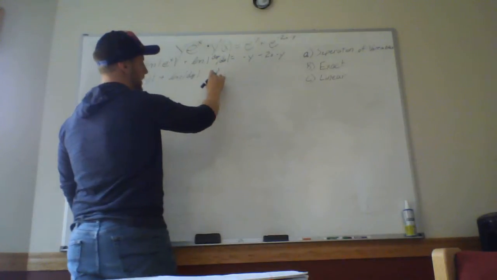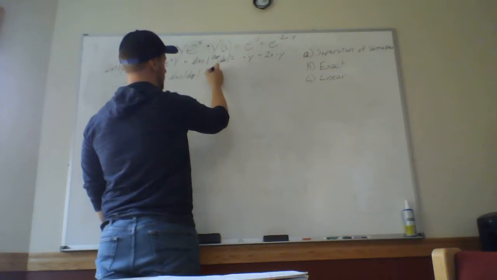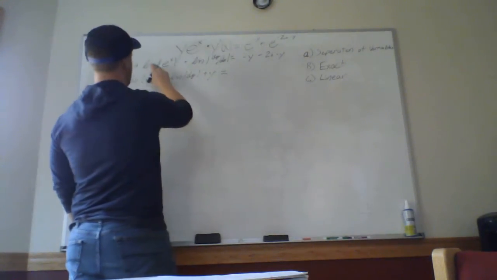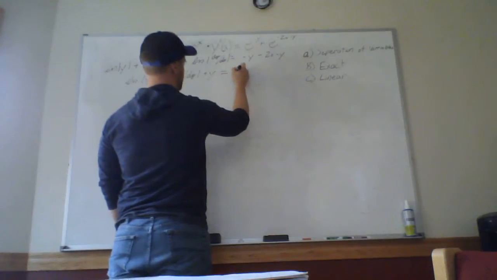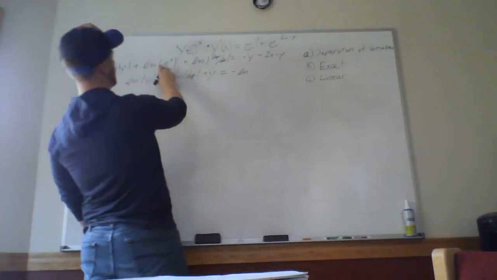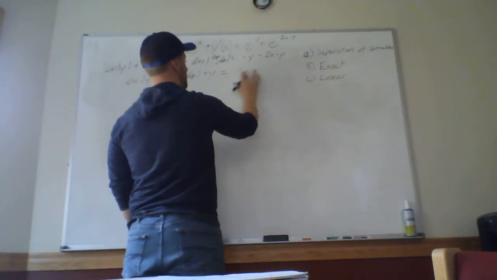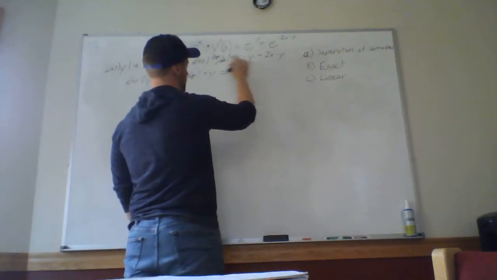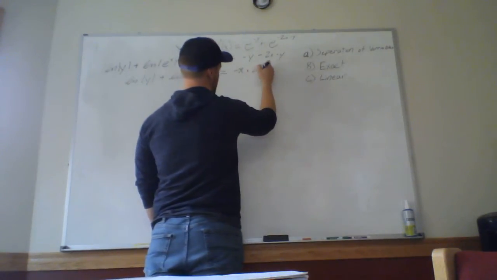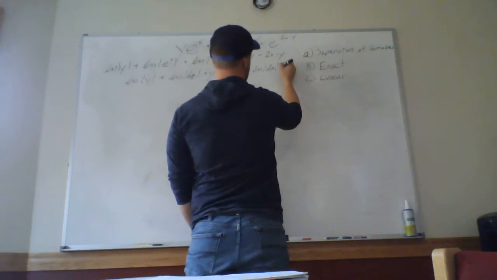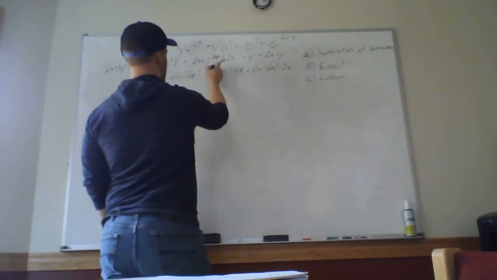So the y will come to this side of the equation, making it plus y is equal to, then we subtracted that over, so negative natural log, well, if you solve that out, it would be x, so negative x, added that over, so plus natural log of dx is equal to negative 2x. Forgot this y, so that'll come over here as well.